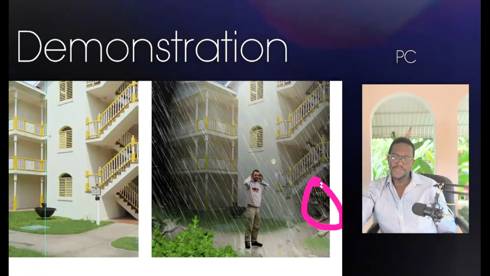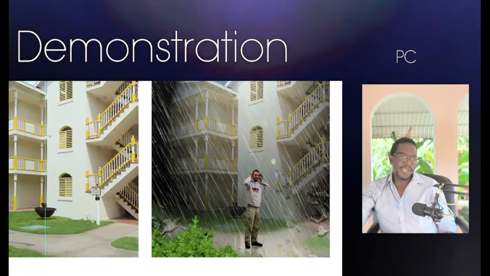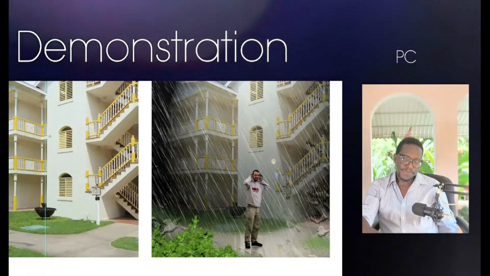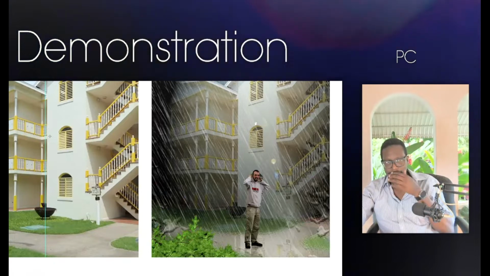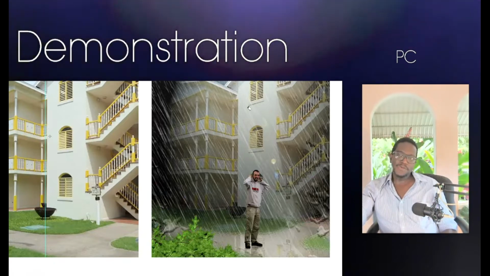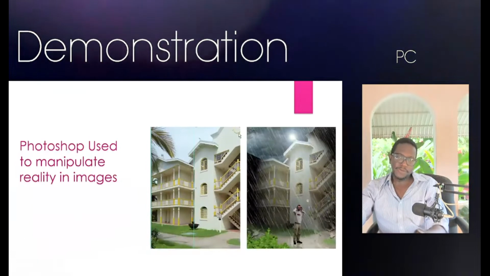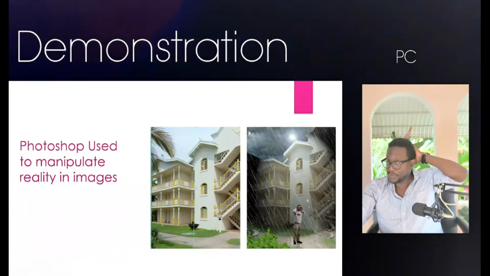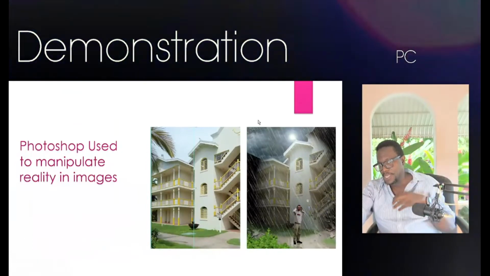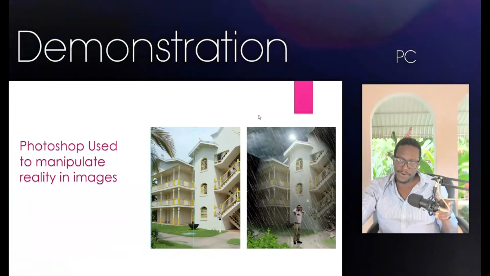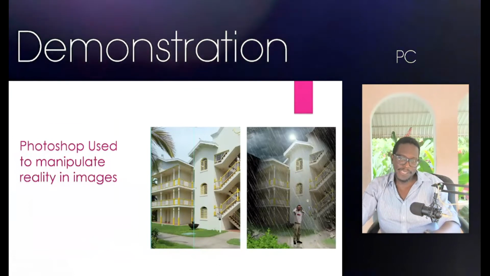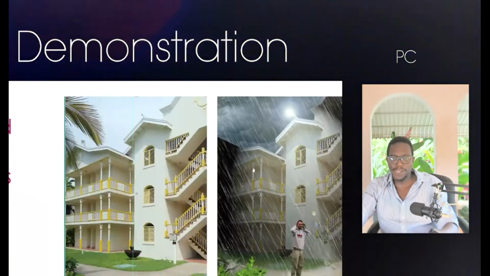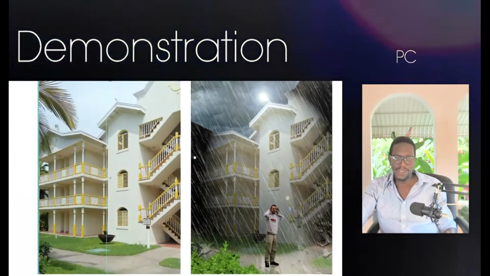So I'm glad we're diagnosing what's really happening in this image, because it's helping us to really see some of the things that we can do with Photoshop. Now, I know that we might look at the image, especially with the original image beside it, and say, okay, the one on the left is definitely fake.